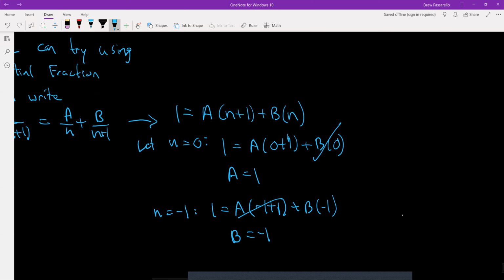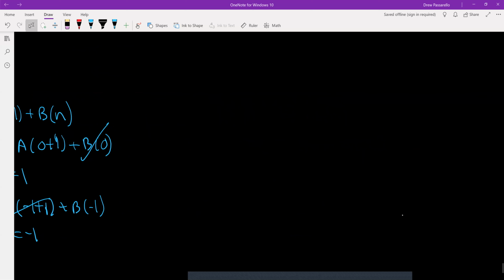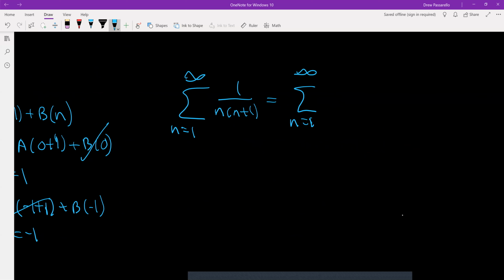So we can write this as a over n, where a is 1, so that's 1 over n, and then b is negative 1, so minus 1 over n plus 1.